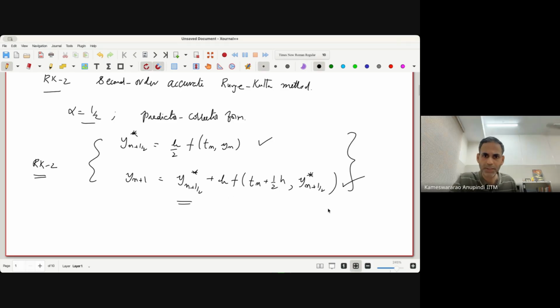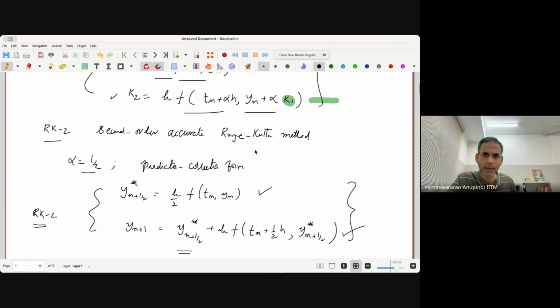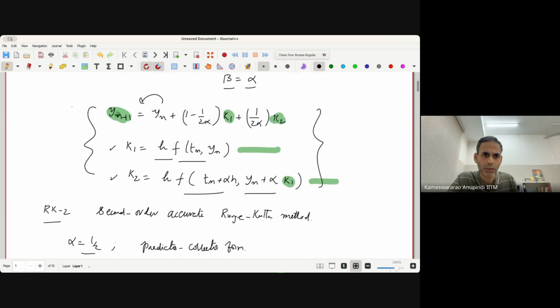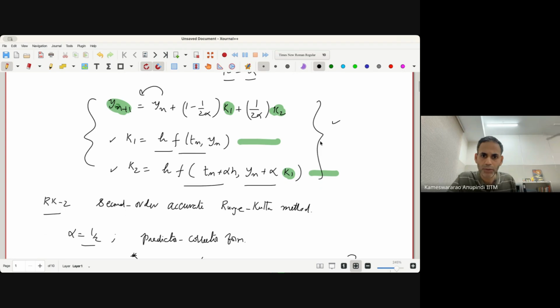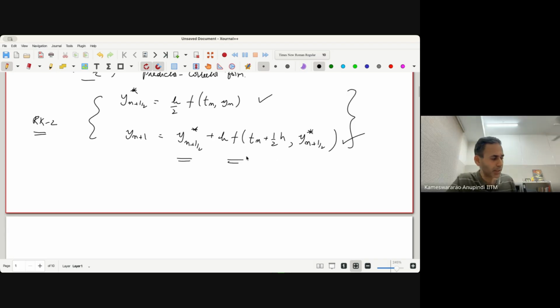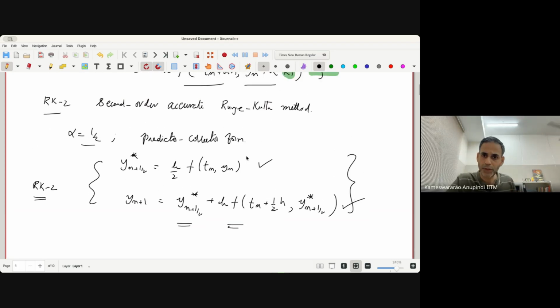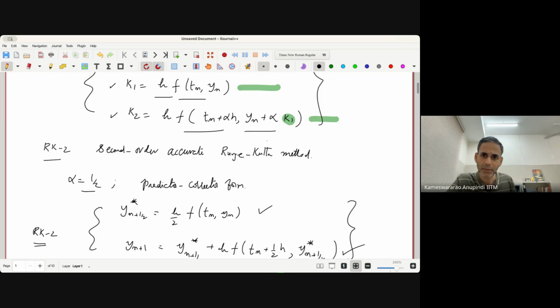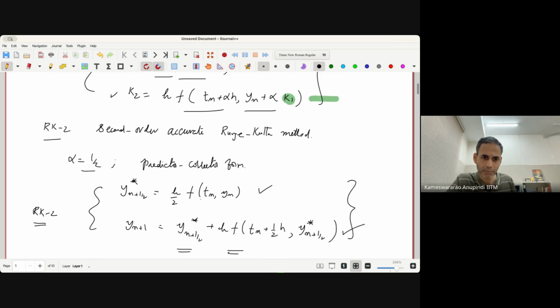No, in general, it is basically the same. If you plug in alpha equals 1/2 into this equation, it is going to give you the same equations as I have written here. So there is no difference in those terms. It's just that it is preferred to write it this way. People write it in this way, where you predict the value of yn plus 1 half star, and then using the predictor value, it is corrected to yn plus 1.